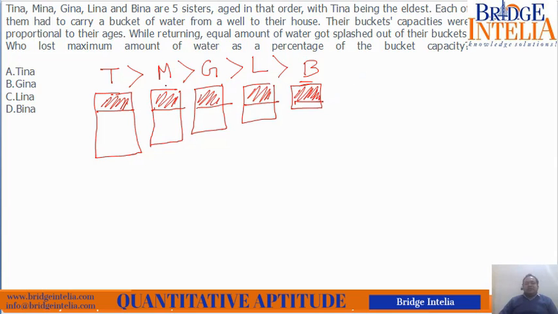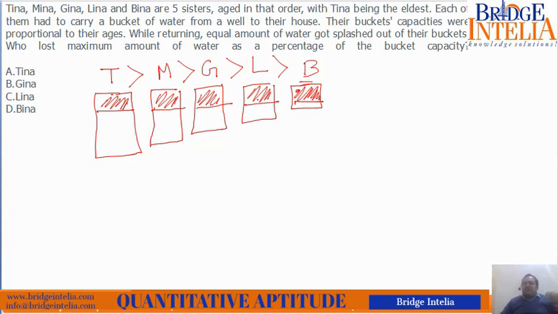So now the question is, who lost maximum amount of water as percentage of the bucket capacity? So from the diagram itself, it is obvious that since everybody is losing equal amount, that means if the first sister is losing 100 ml, the other is also losing 100 ml itself.